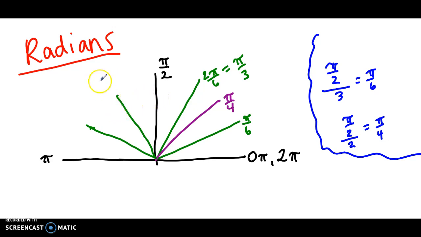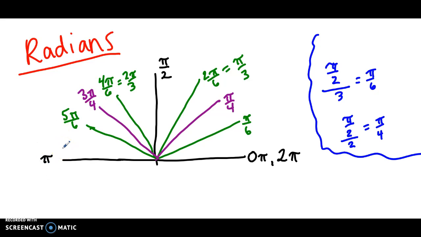This would be 4 pi over 6, which does reduce to 2 pi over 3. This would be 5 pi over 6, and then 6 pi over 6, which is just pi. Again, let's cut this in half now. So we had 1 pi over 4, 2 pi over 4, 3 pi over 4, and 4 pi over 4 to complete it.